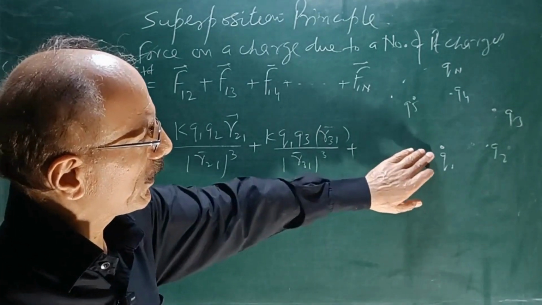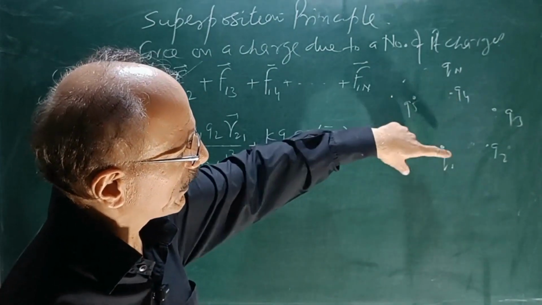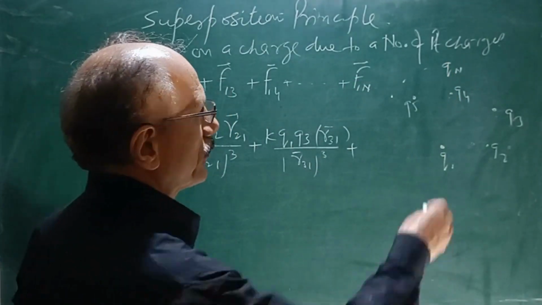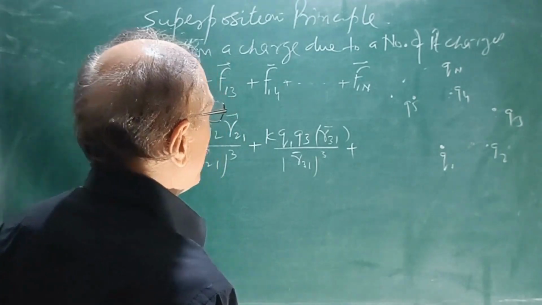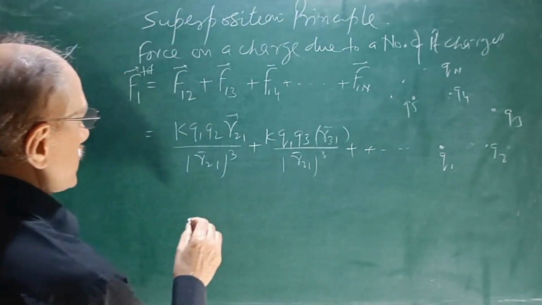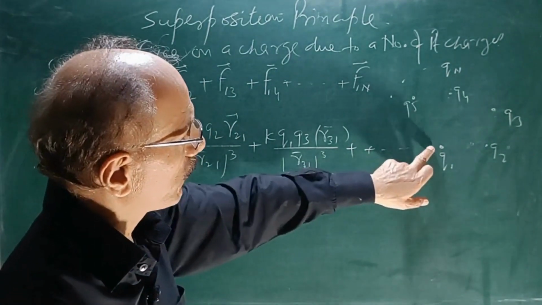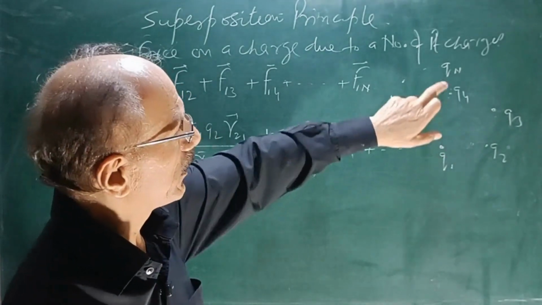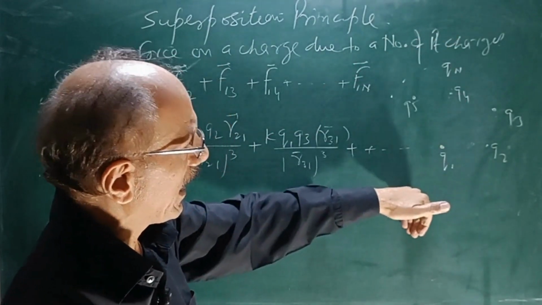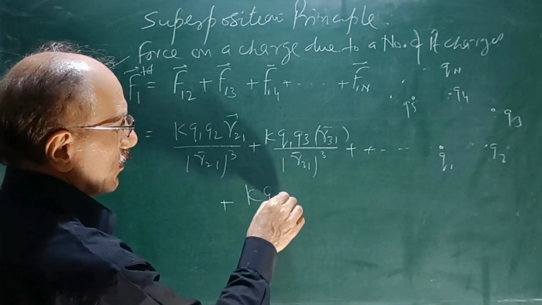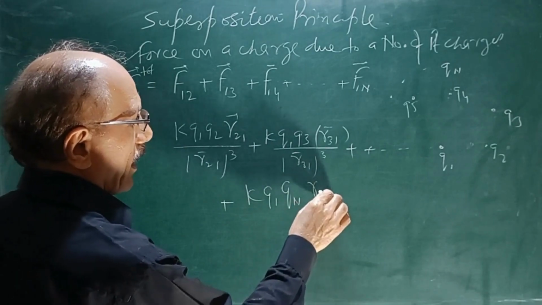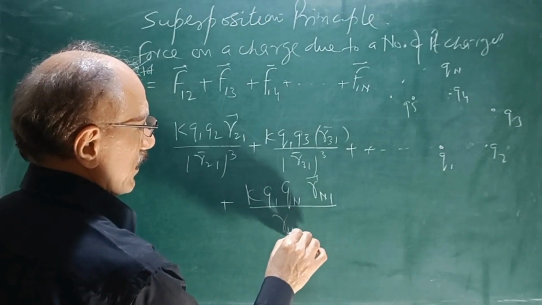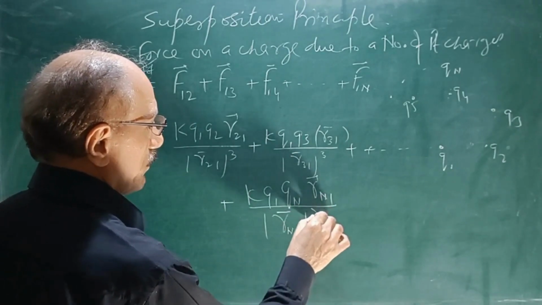Similarly, force on 1 due to the 4th charge will be K Q1 Q4 R41, directed to this side. And likewise, force on 1 due to the nth point charge will be K Q1 Qn Rn1 upon modulus of the vector Rn1 cubed.